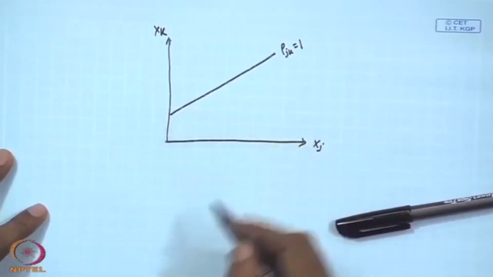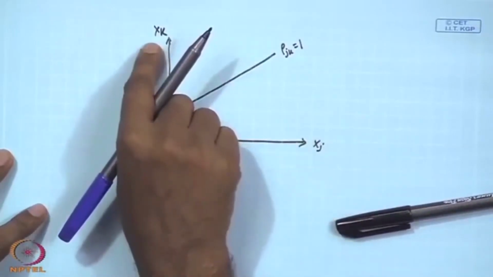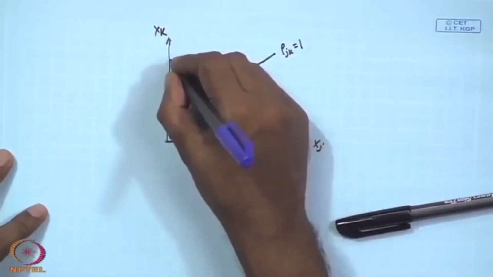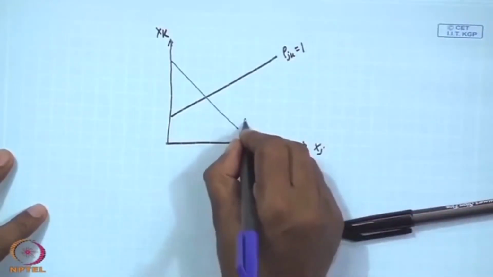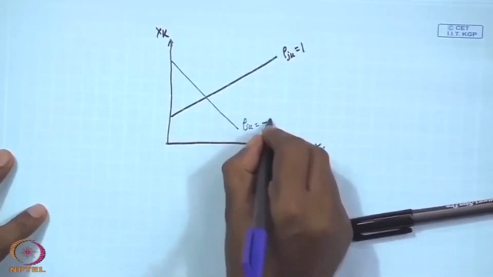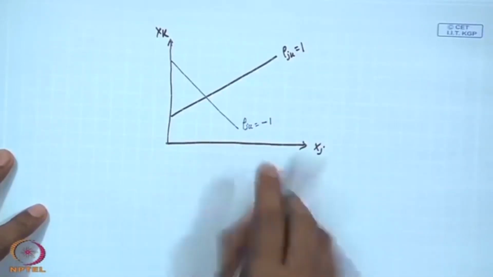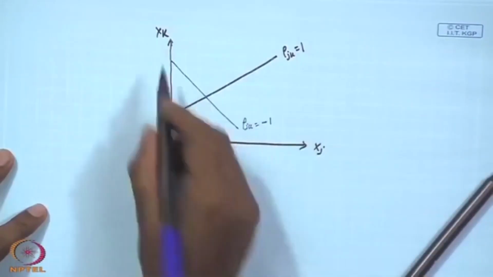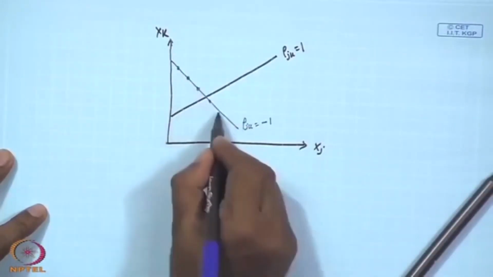And negative correlation means xj will increase, xk will decrease or vice versa. So you can think like this. Here, in this case, rho jk equals minus 1, assuming that all the values of xj and xk fall on this line.